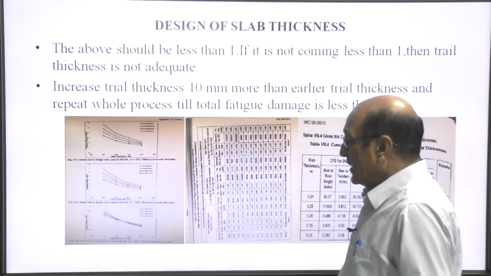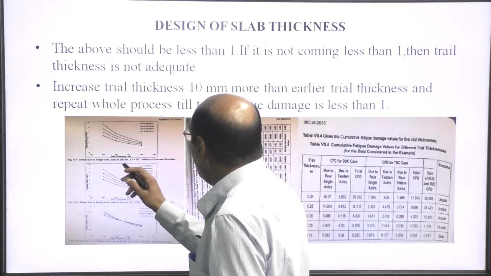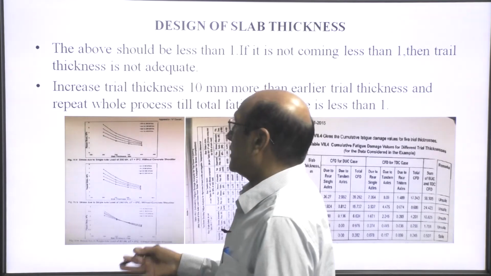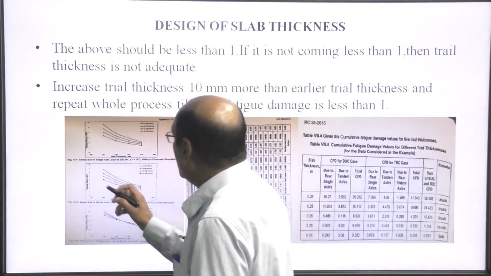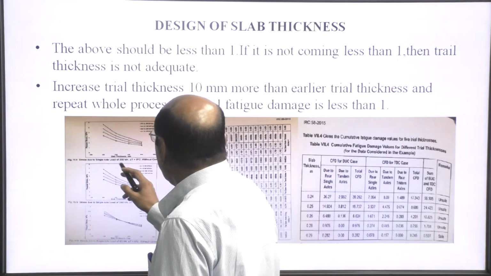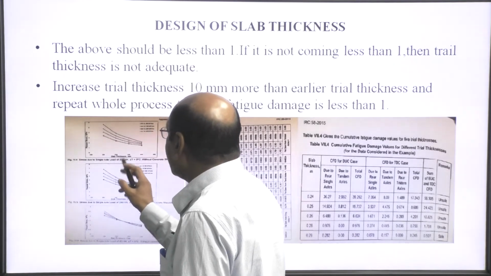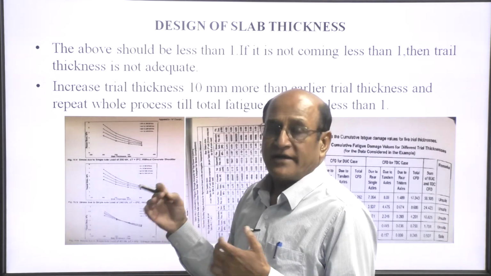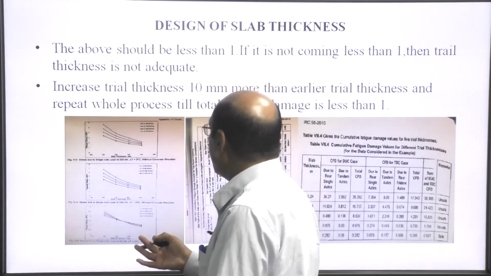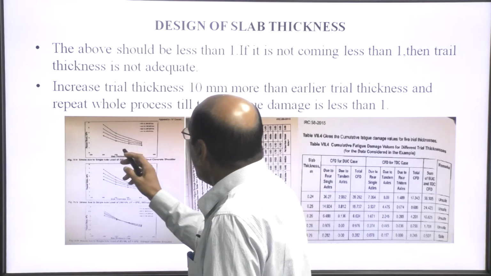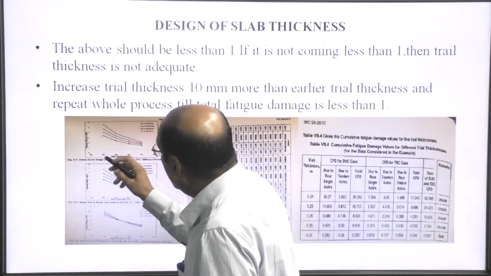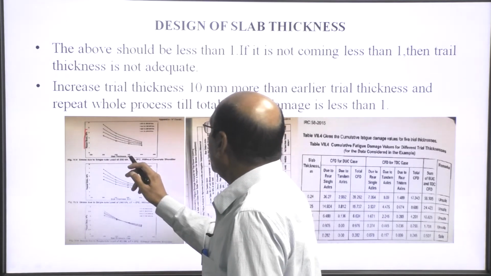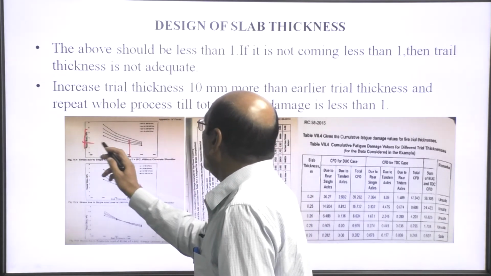So, here, this table is given in our IRC code. So, here is the axle load, single axle load, tandem axle load, front axle, back axle, all have been given, and we can find the value here by just computing from here to here.